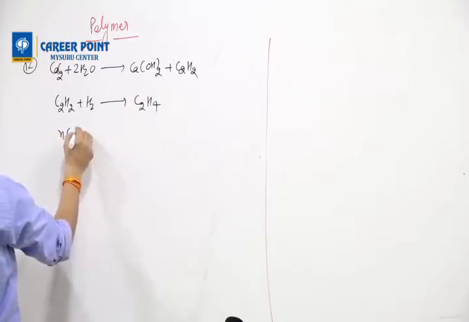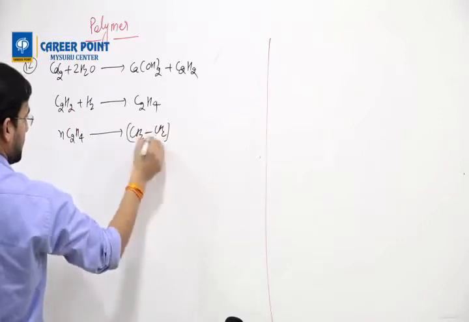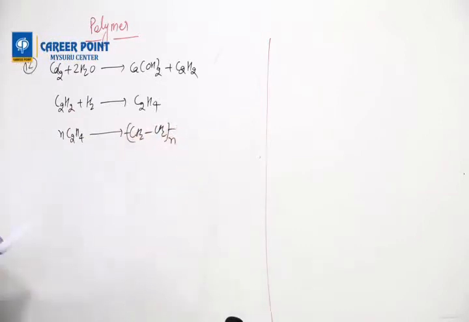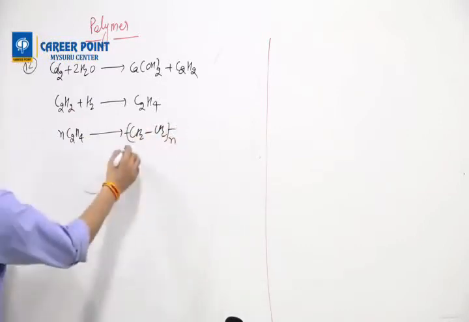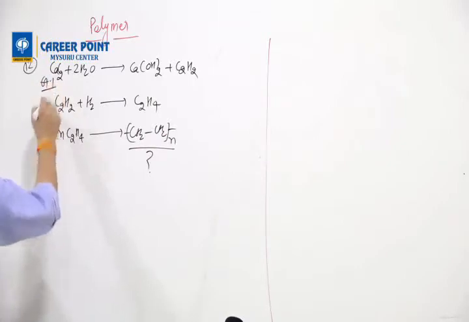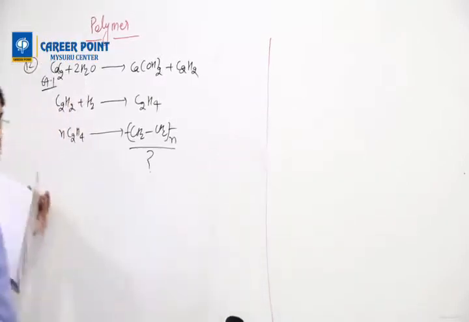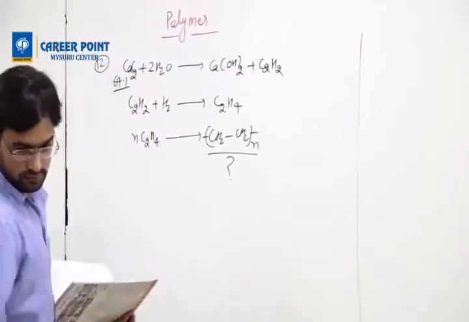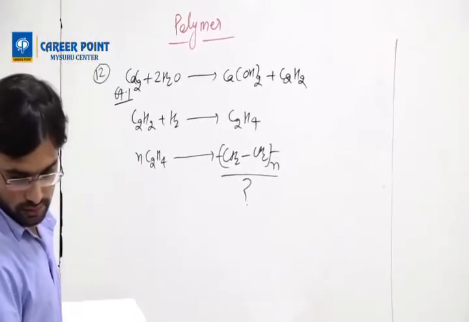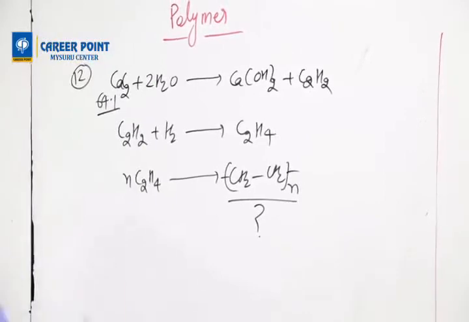N moles of C2H4 gives rise to (CH2) with N times. They are asking how much polyethylene will be obtained from 64.1 kg of this.